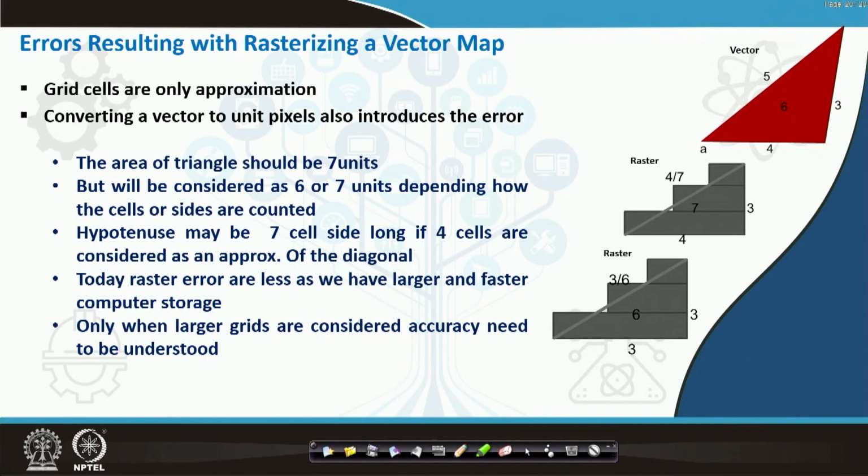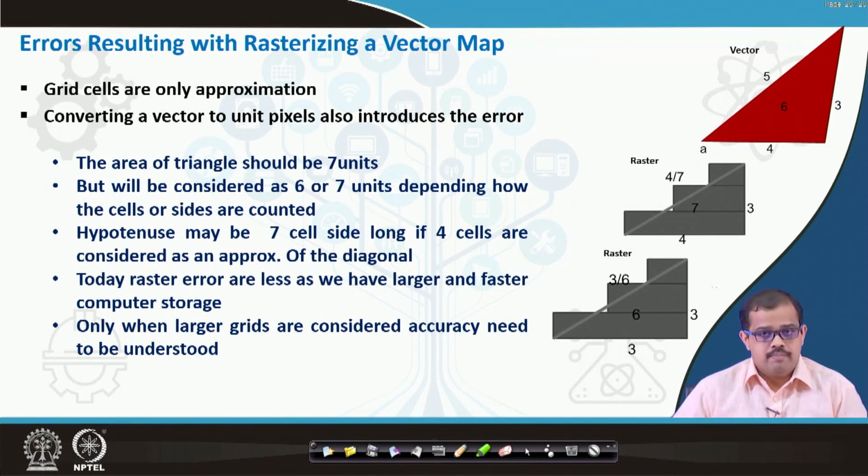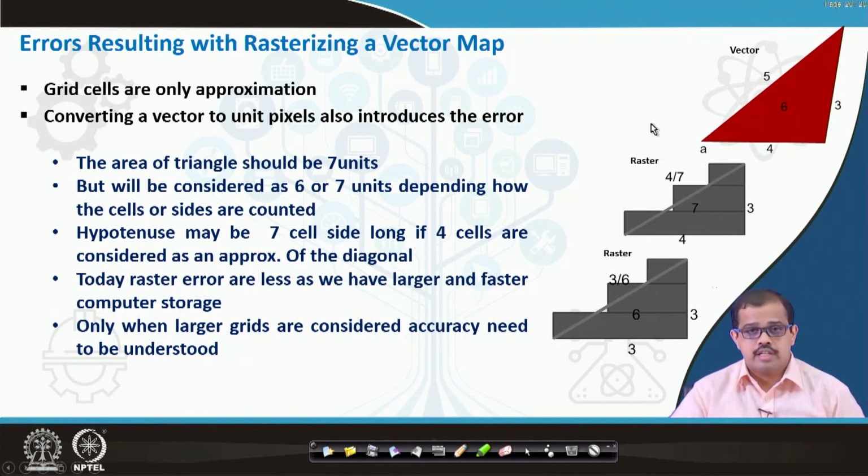When I start, the first thing that I would like to speak about is the errors resulting from rasterizing a vector map, which means you are converting a vector map to a raster map. Now when I say a vector map, it is in the form of points, lines and polygons. For example, I have taken a polygon here, a triangle that I have considered.